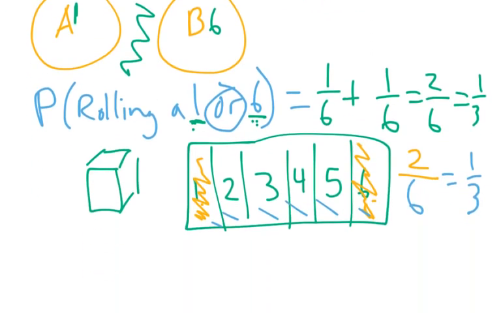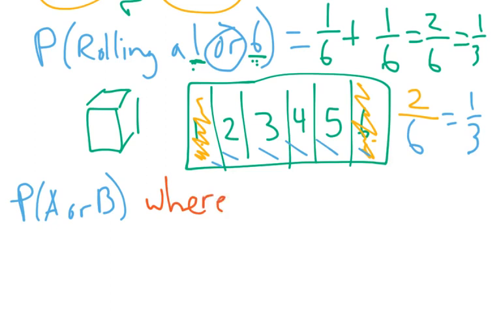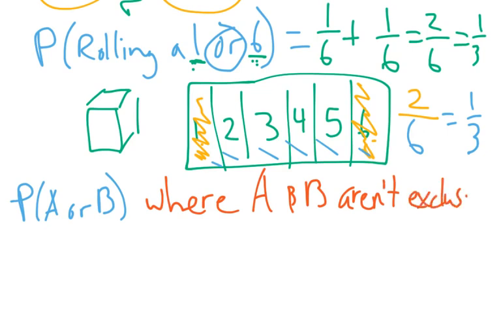Now, I'm not sure how much we might come across this because it's a slightly more advanced concept, but if we do not have mutually exclusive, but we're looking at something like the probability of A or B, where A and B aren't exclusive, we have a slightly different formula.